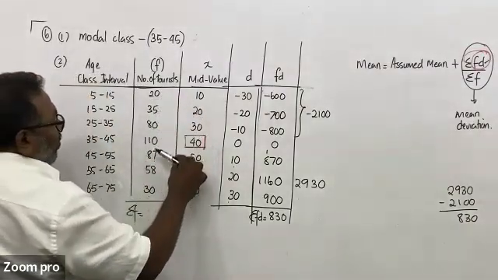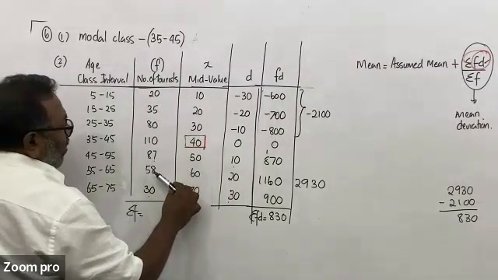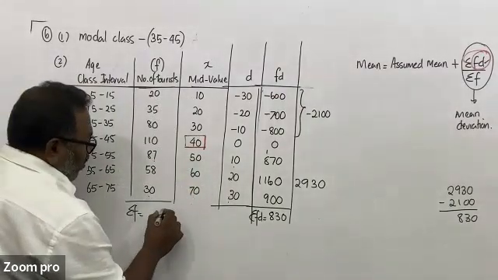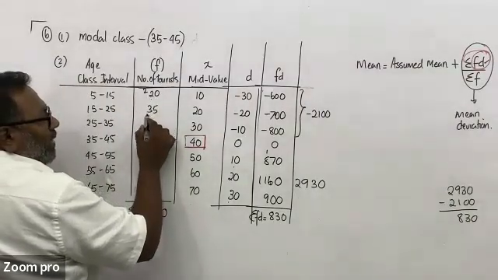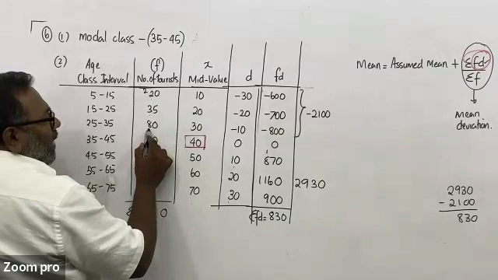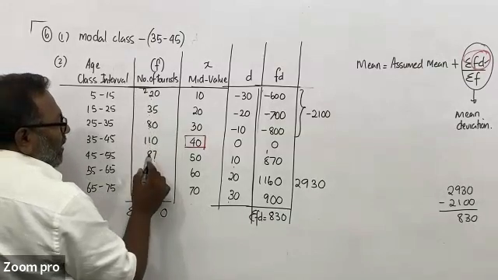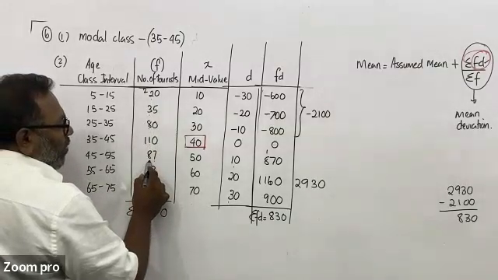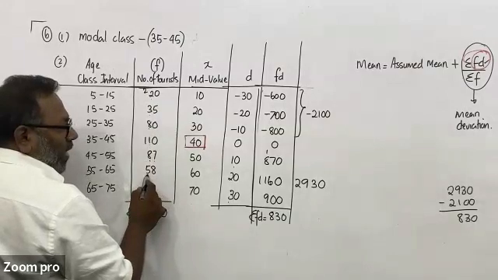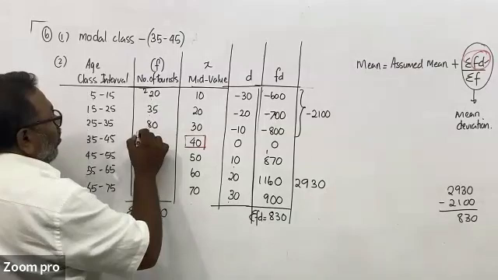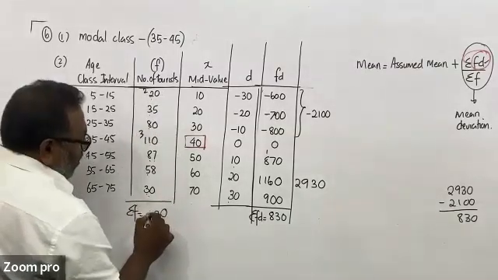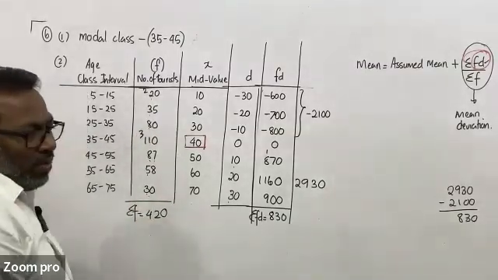0 plus 5 plus 7, 12 plus 8, 20. 2 plus 2, 4 plus 3, 7 plus 8, 15 plus 1, 16 plus 8, 24 plus 5, 29 plus 3, 32. 3 plus 1, 4, 420.